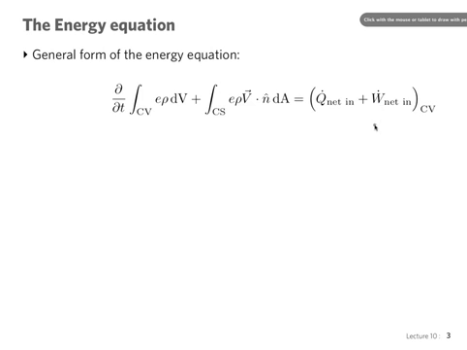So then we went on to discuss the different forms of work. Recall the energy that we're using here, the definition of energy is internal plus kinetic energy and potential energy in this form for the fluid. Then we discussed different forms of work that could be done in a fluid system.